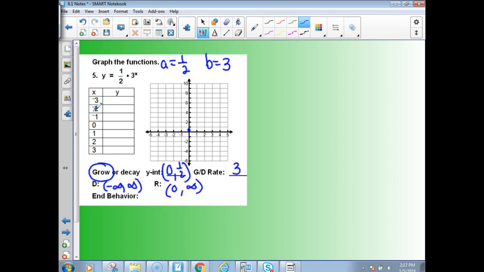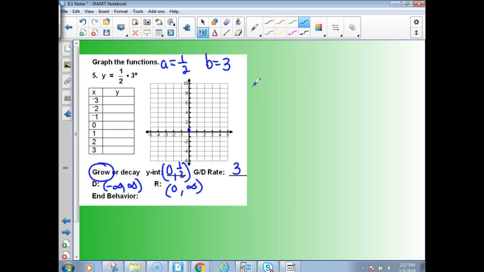The question was, will the domain and range always be this? If they're in the strict form y equals a times b to the x, it depends on if a is negative, because remember then it reflects it over the x-axis.